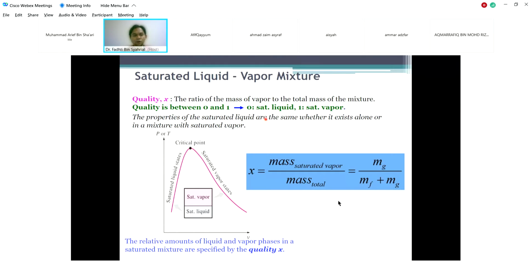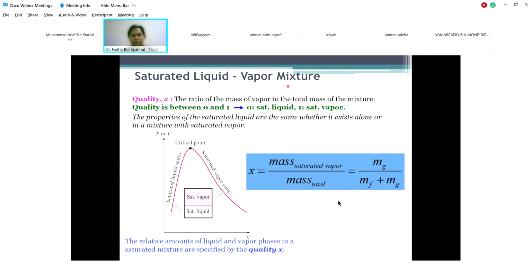If the value of X equals 0, then it is saturated liquid. Meaning that the phase is saturated liquid. Please remember this. If the value of X equals 1, the phase is saturated vapor. So that's why the quality X for saturated liquid vapor mixture is in between 0 and 1.